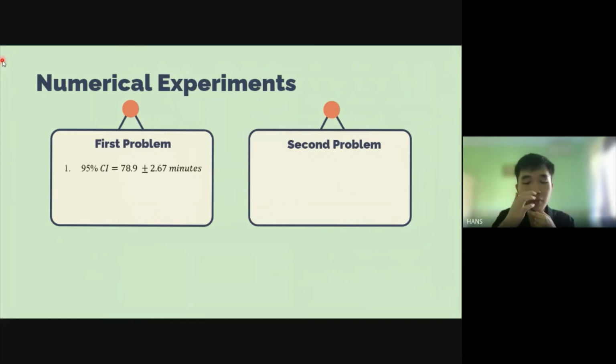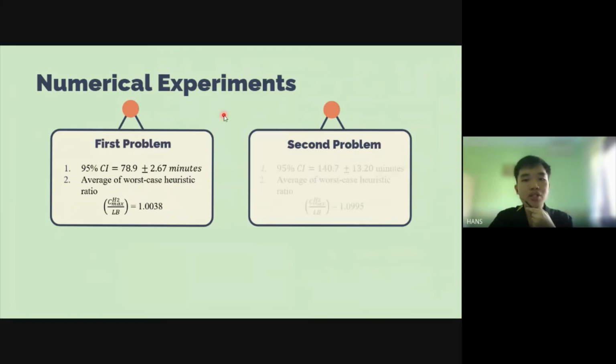For the first problem, here is the performance of our heuristic algorithm. Based on the 95% confidence interval, it can be finished within, on average, 78.9 minutes with a deviation of 2.67 minutes, and the average worst case heuristic ratio is 1.0038.